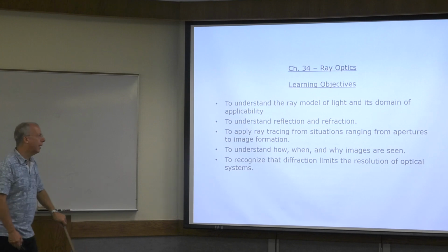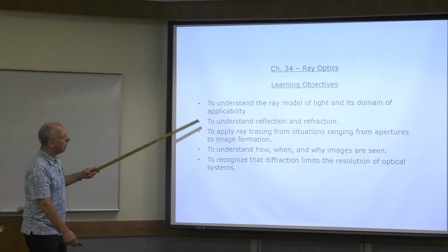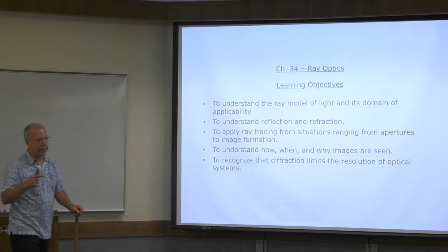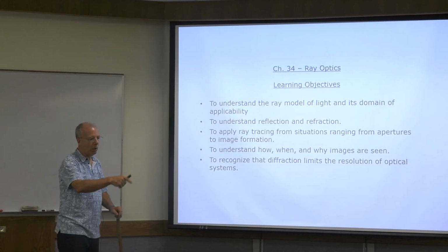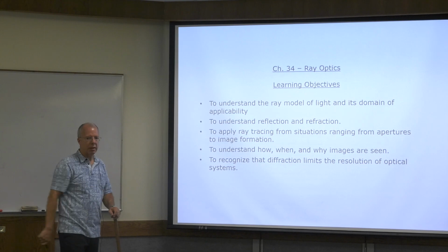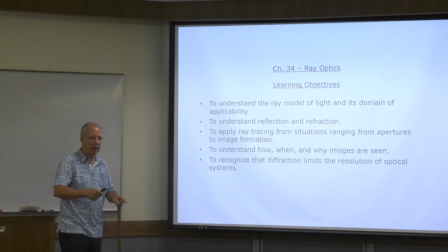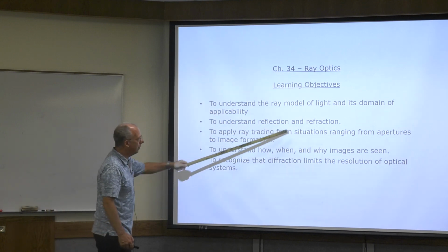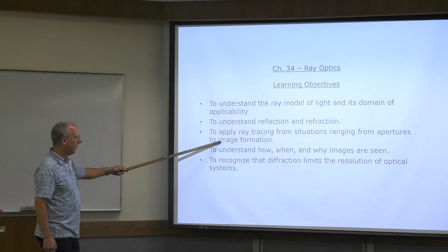Okay, here we go. So understand the ray model of light and where it's applicable. What we said is if you shine light through a 1 centimeter hole and the image is about 1 centimeter, so there's very little diffraction, we're going to use the ray model. Reflection, refraction, ray tracing.